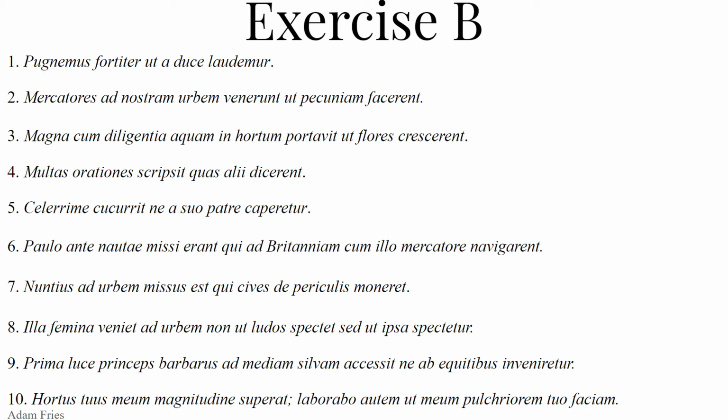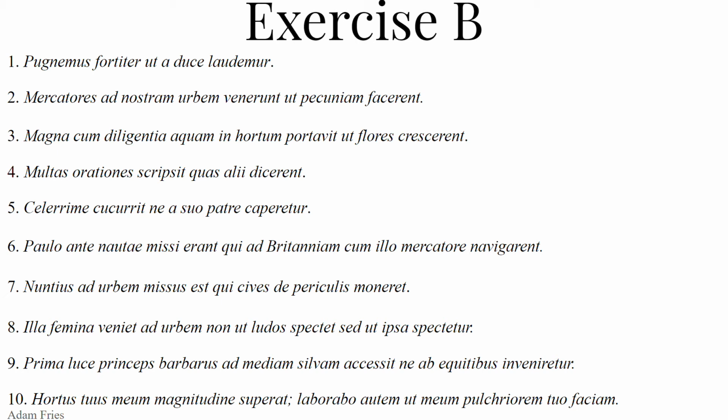It's not the present tense venit. It's veniet, so it's future. That woman over there yonder will come to the city, ad orbem, motion towards. Non ut ludos spectet, sed ut ipsa spectetur. Not ut ludos spectet, not so that she may look at or watch the games, ludos, because we have a future introductory verb, we are in primary sequence, we want present subjunctive of specto, that is spectet.